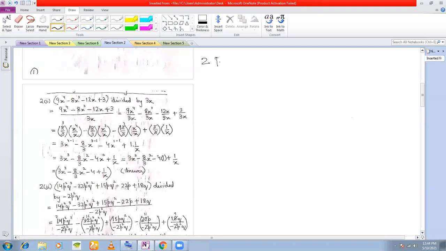So the question is divide nine x to the power of 4 minus 8x cube minus 12x plus 3 by 3x.